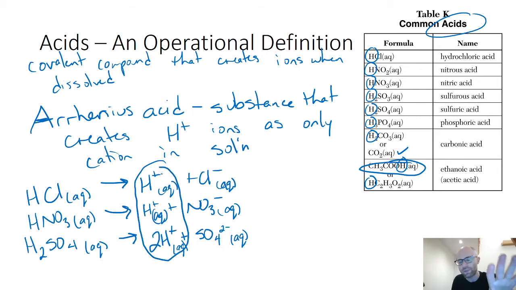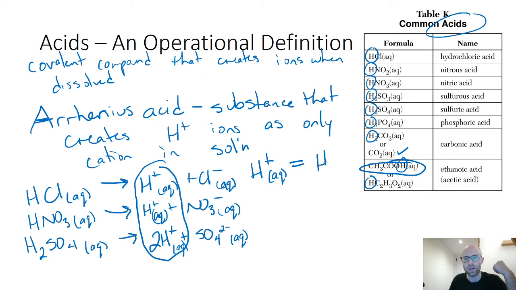I want to mention something here that will come up at some point. I think I might gloss over this today a little bit. I'm going to record some other videos, hopefully, and fill in the blanks as we go along. But when you have this H+, some textbooks will say this, and I do encourage you to read your textbook if you want some more explanation for this. The H+ ion in water doesn't really exist as an H+.